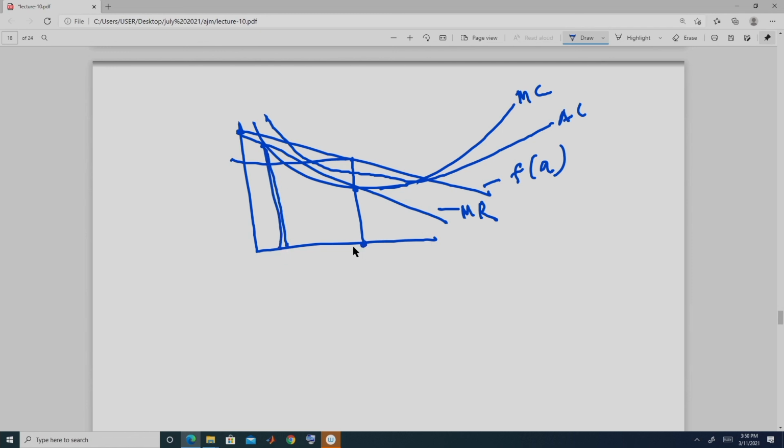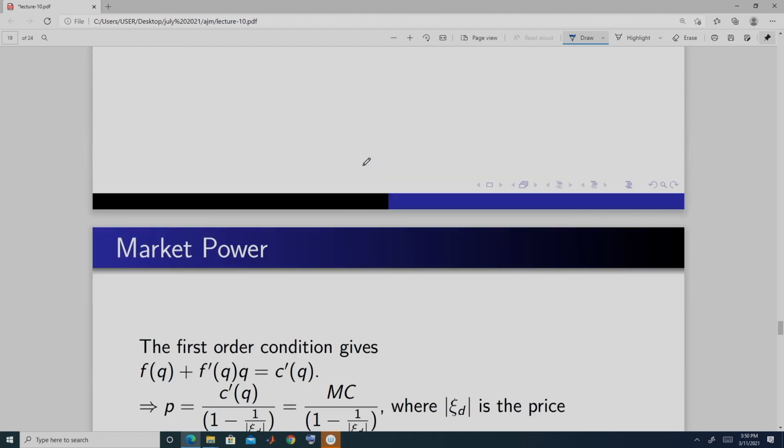This is going to be the optimal output. From the second order condition we get that, and we can also argue logically why this is not going to be. We know how the market price is determined.